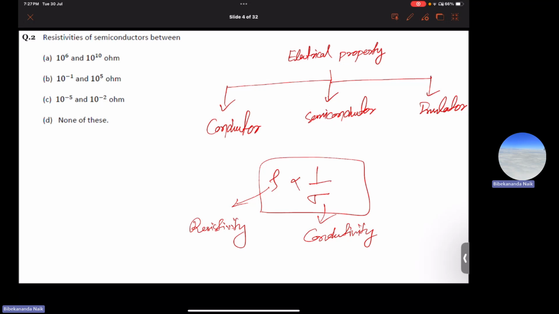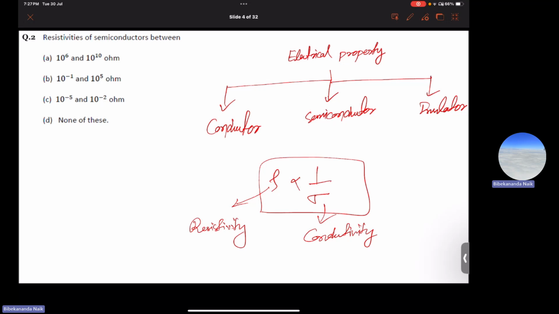In case of semiconductors, at 0 Kelvin, they generally behave as insulators because there are no free electrons available to carry electricity. However, as the temperature rises, their conductivity increases or the resistivity decreases, because due to thermal agitation a few electrons become available for current conduction.